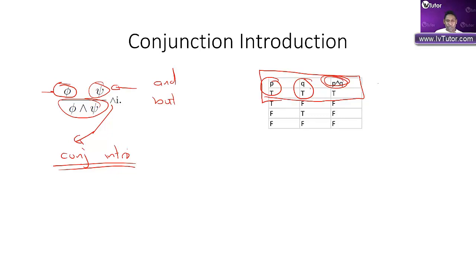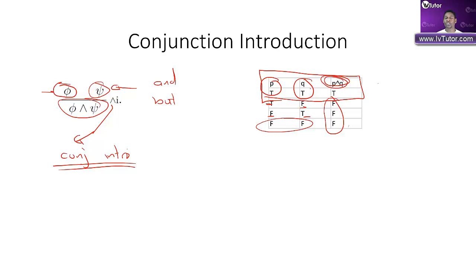Can we have a natural deduction rule for false? No, because if we know that a conjunction is false, this can be true and this one false, this can be false and this one true, or both can be false. There is no simple and self-evident deduction rule to say, since P and Q is false, it means that P is false.